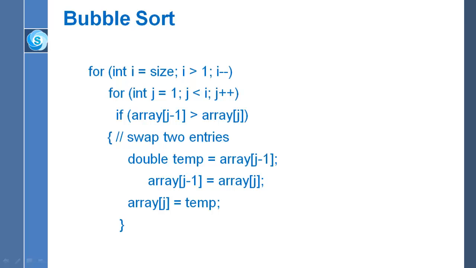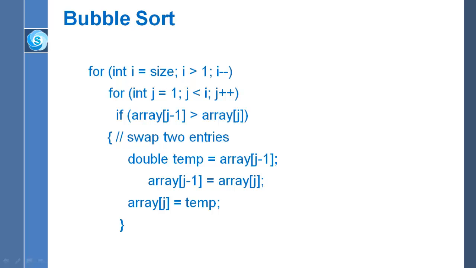Inside both of those loops, there's a conditional statement that basically says if two consecutive entries in the array are out of order, then we need to swap them. We need to interchange them. The swapping is relatively easy. You probably learned this idea in an introductory programming course.